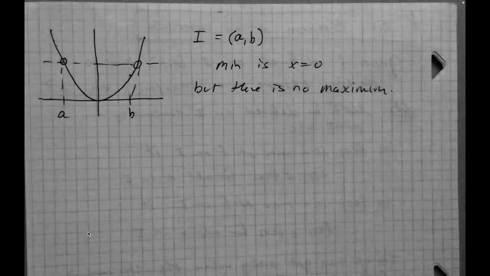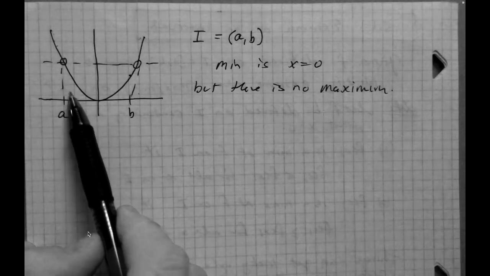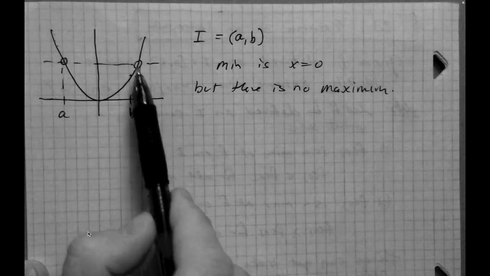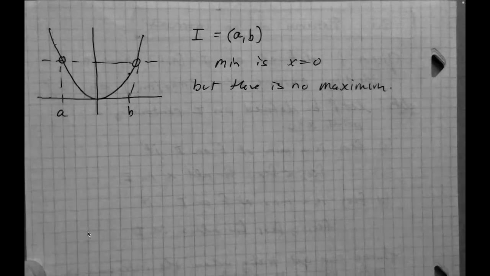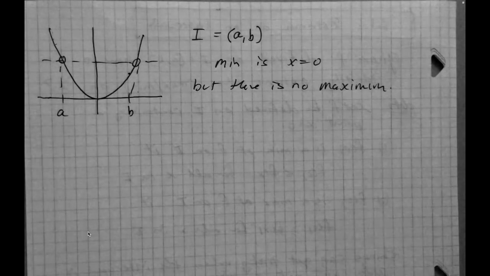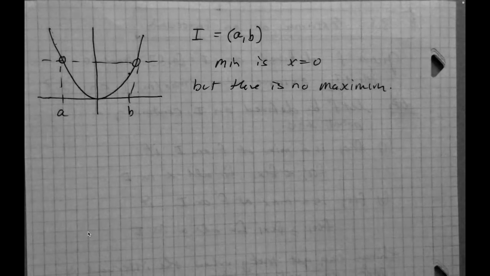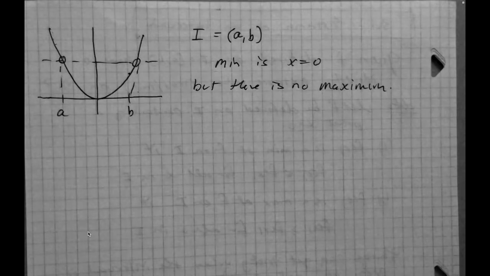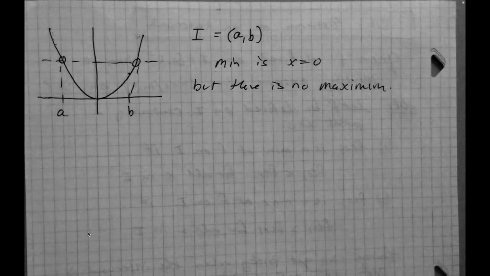And so theoretically speaking, the maximum is going to be whatever point is right next to a and whatever point is right next to b. And those points, again, are not points that we can identify. We can't just say, hey, it's a minus some arbitrarily small number, right? Because there's a continuum there. There's an infinite number of numbers that are very, very close to a.